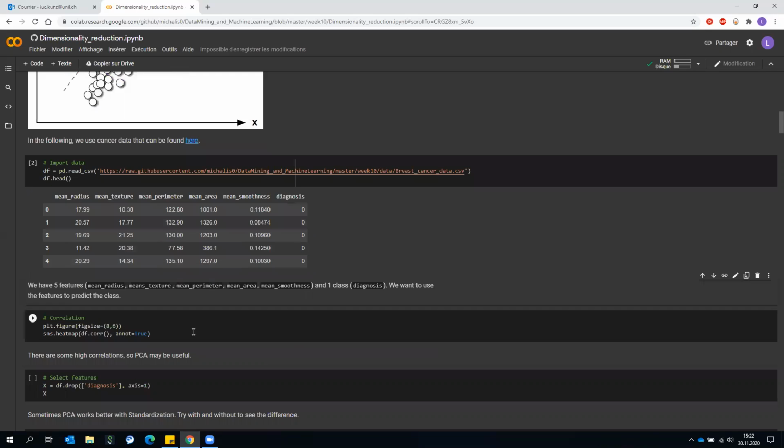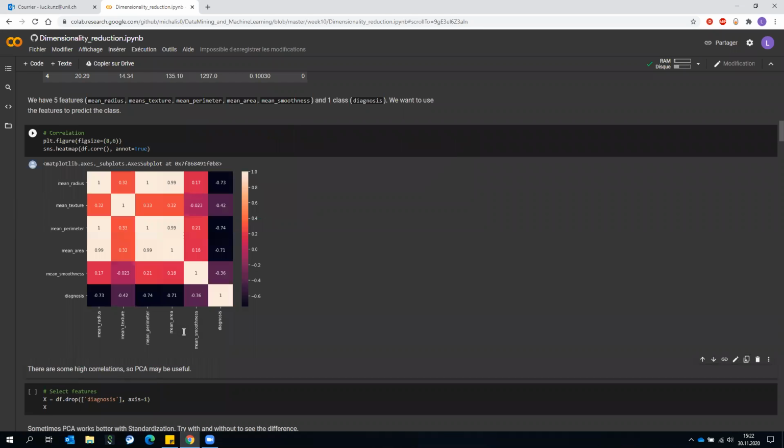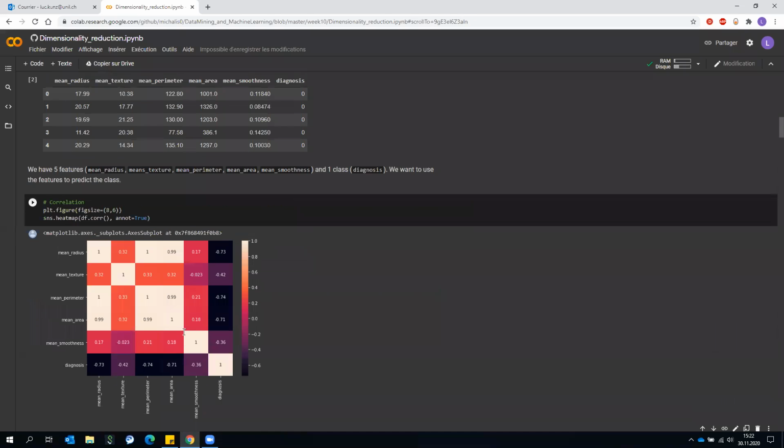Okay, in the case of linear dimensionality reduction techniques, it is useful to plot the correlation between the features. We can, for instance, see in this case that the radius is almost perfectly correlated with those two, the perimeter and the area. This is useful to know that, okay, we can maybe combine them and reduce the dimensionality.